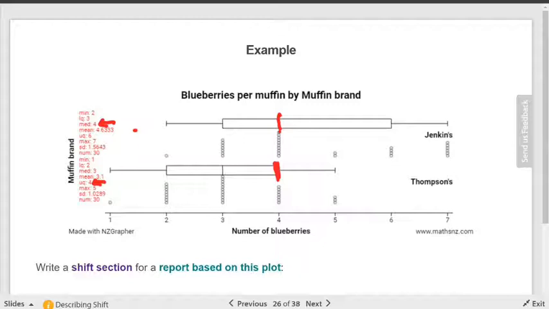So if those two things are the same, do they indicate shift? No. Okay? But look at the upper quartile here and the maximum here. Yeah? So there is shift here. So if the values from the graph, if it's difficult to see, if it's the same, that's not a shift.